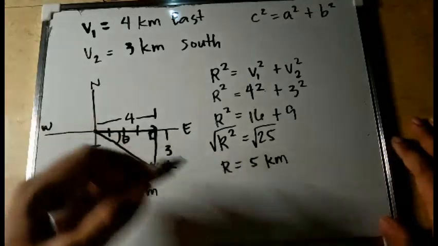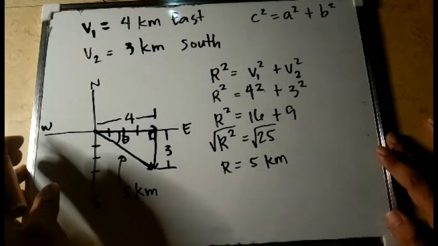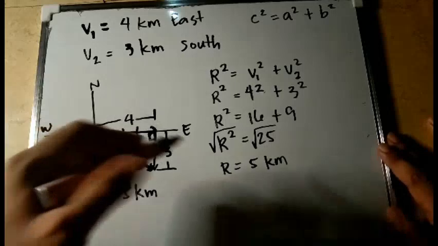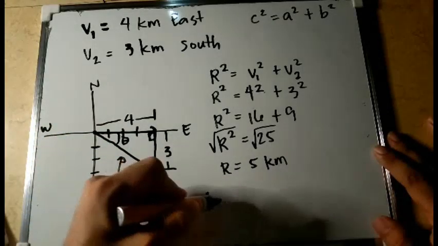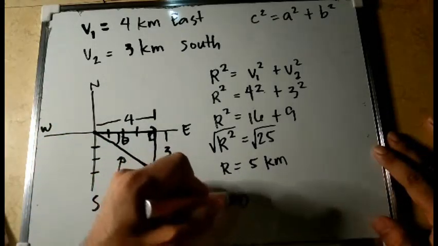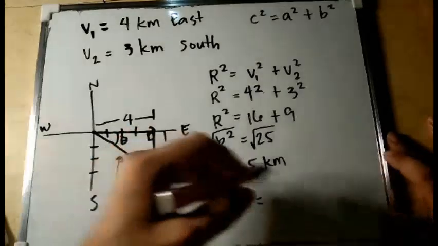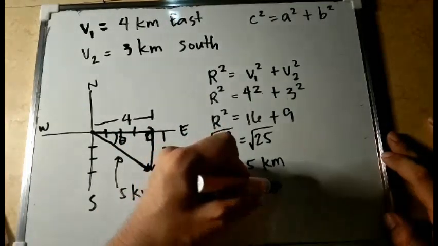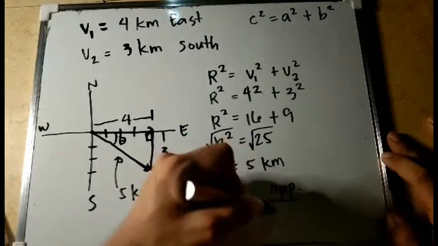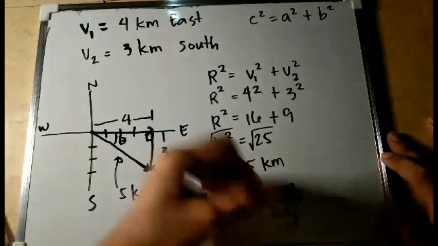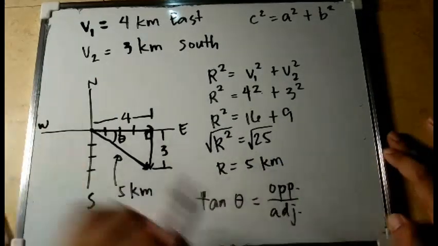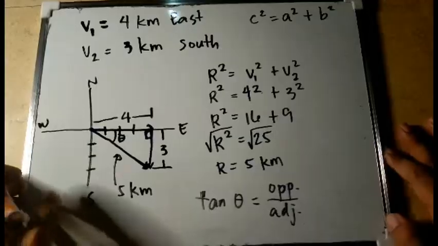And we have opposite side, which is 3, and adjacent. Okay, so ang gagamitin natin dito na trigonometric identity is yung tangent theta is equal to opposite over adjacent. Okay, so tangent theta is equal to opposite adjacent.